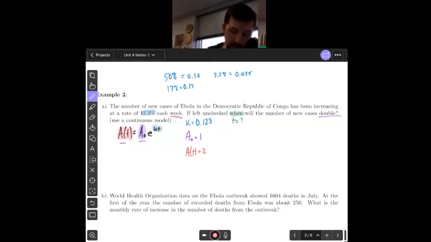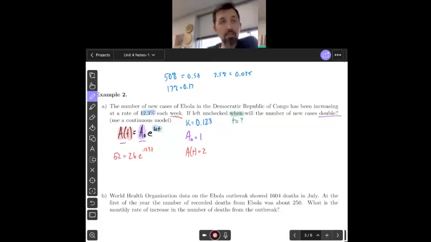All right, so if A naught was 26, then 26 times e to the 0.123t, and doubling that would be 52. Okay. I need another different A naught. 44. Okay, thank you, Rhea. So what if there were 44 cases? How long would it take to double?